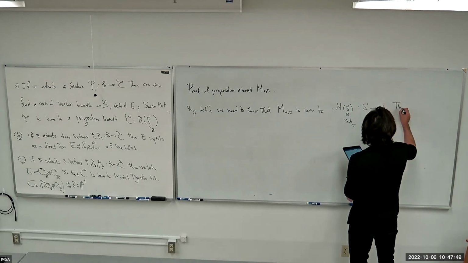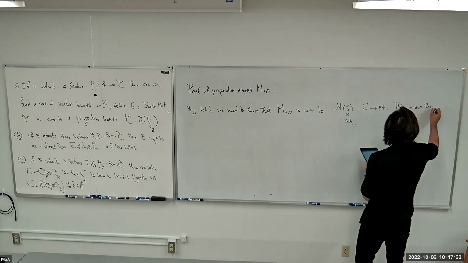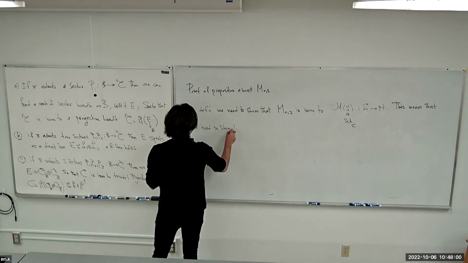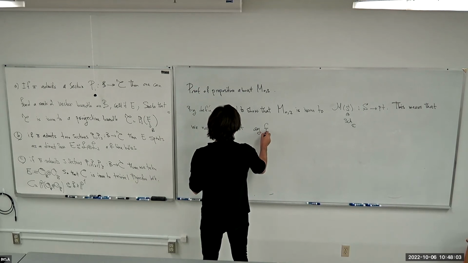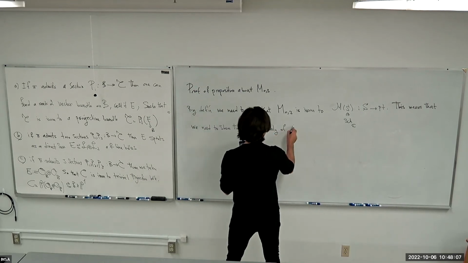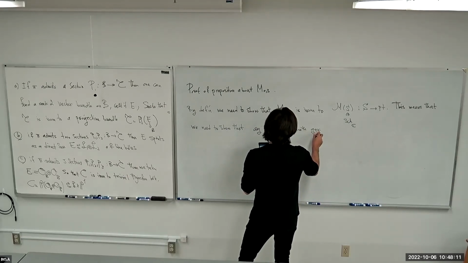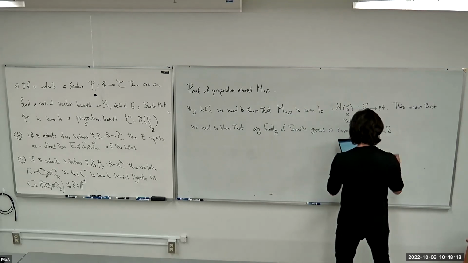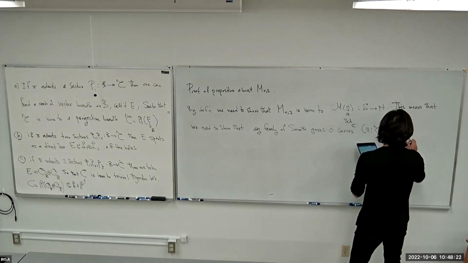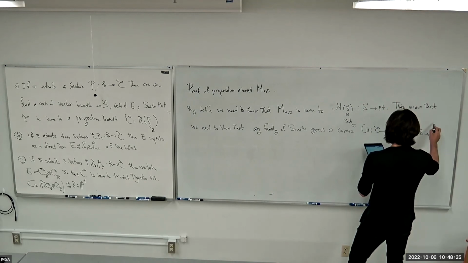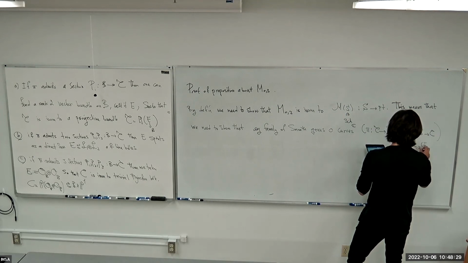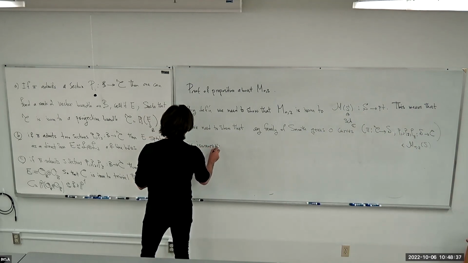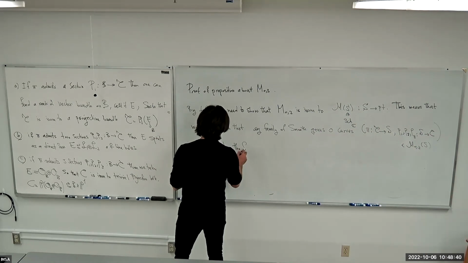This means that we need to show that any family of smooth genus 0 curves, pi from C to S, together with three sections, P1, P2, P3 from S to C, which is an element of M03 over S, is isomorphic to the trivial family.